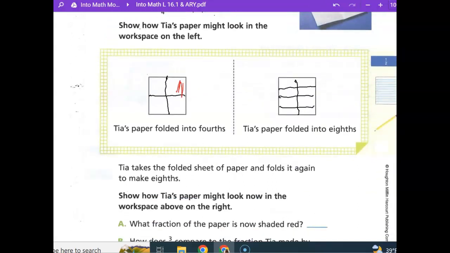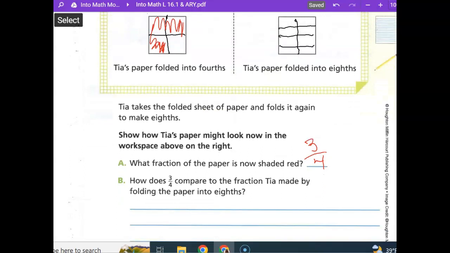We were supposed to shade 3/4 of Tia's paper. How does 3/4 compare to the fraction Tia made by folding the paper into eighths? So if we shade as much of our paper as we did on the left, how would that be compared to the one on the left and the right?